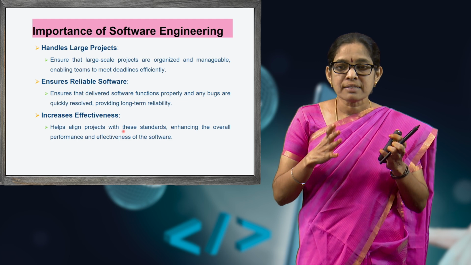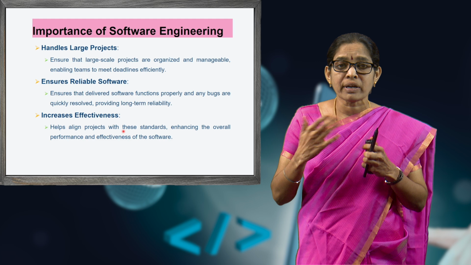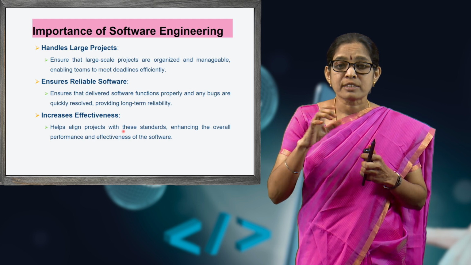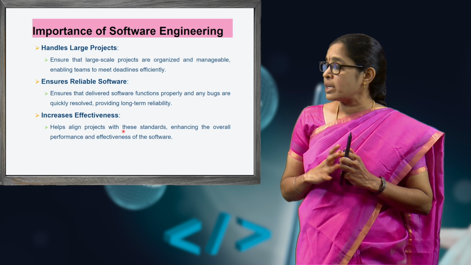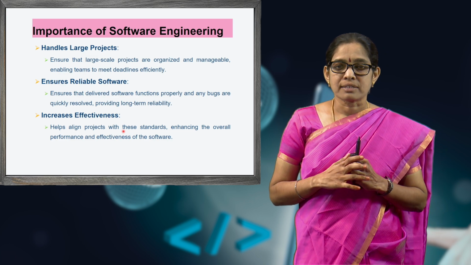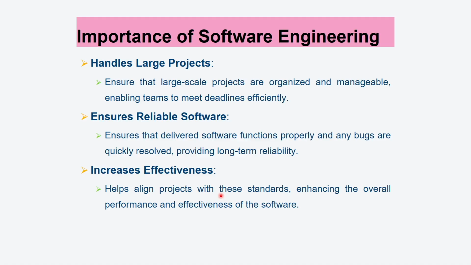If there is any error, it can be quickly resolved, which provides long-term reliability. Then the next one is increases effectiveness. It helps align projects with the software engineering principles and standards. It enhances the overall performance and effectiveness of the software.